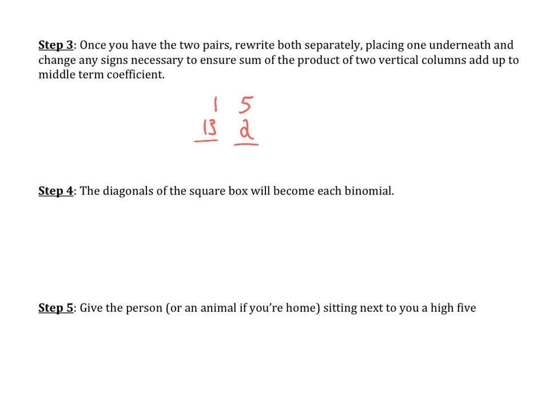And then step 4 says the diagonals of the square box will be each binomial. So what I mean by the diagonals is, now that we know those are our winners, here's one diagonal, 1 and 2, here's my second diagonal, 5 and 13. So let's actually write this out.